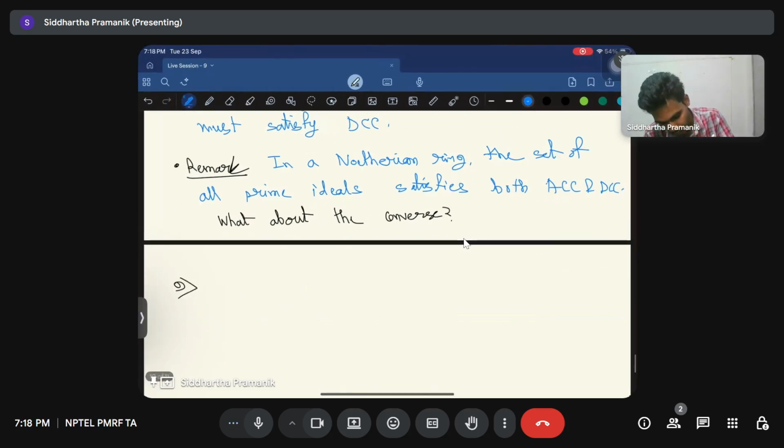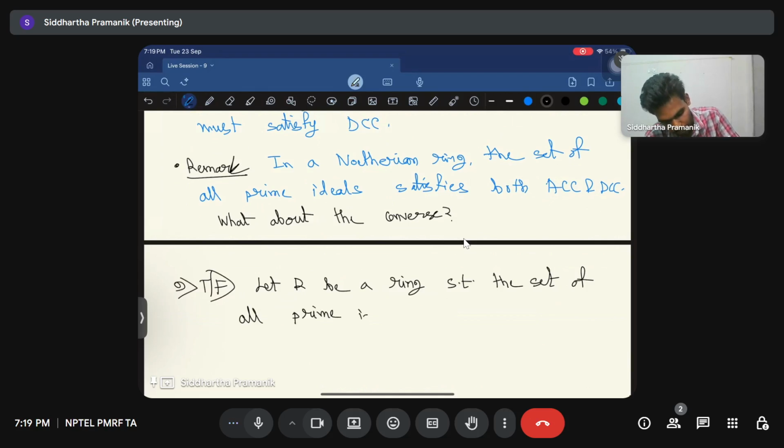So it is also true or false. Let R be a ring such that the set of all prime ideals satisfies both ACC, meaning ascending chain condition, and DCC.